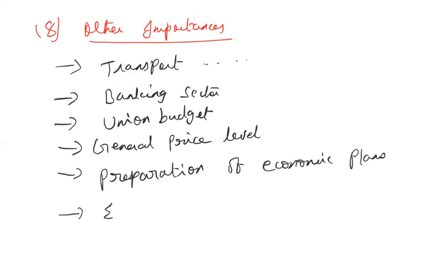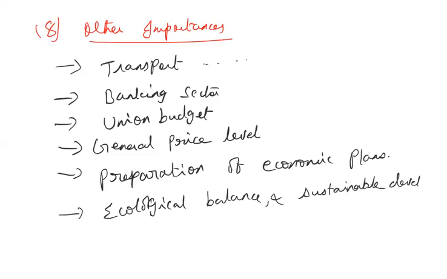And last but not least, if you want to maintain the ecological balance and the biodiversity, and we keep on saying sustainable development and environmental protection, then for all these reasons, agriculture is a must. That's why even today, India is an agricultural country, and agriculture is the most important sector in our country.